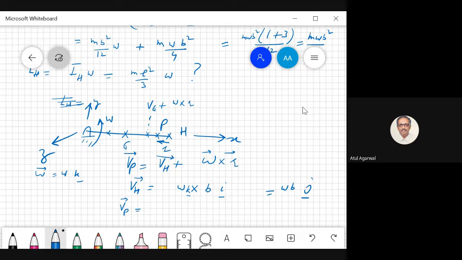Velocity of H plus omega cross r. Omega is omega k. What is this vector r? Suppose this point is some coordinate x, 0, 0. And what is your H? b, 0, 0. So what is this vector? r is x minus b i.